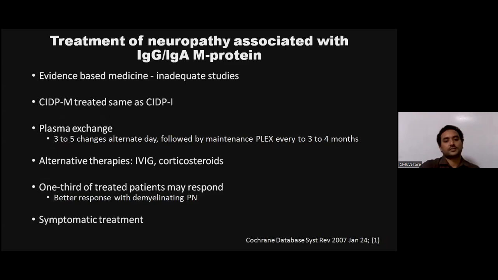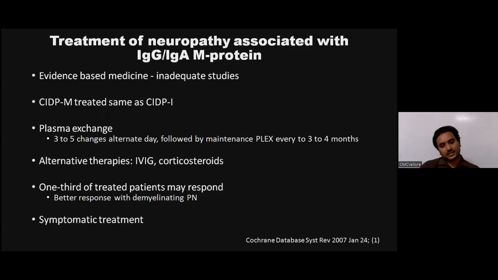As I told you before, for the treatment of IgM, IgG, or IgA related M protein paraproteinemias, nothing is FDA approved, but rituximab is the one being studied. Here, studies show that in paraproteinemic neuropathies rituximab is slightly less responsive.